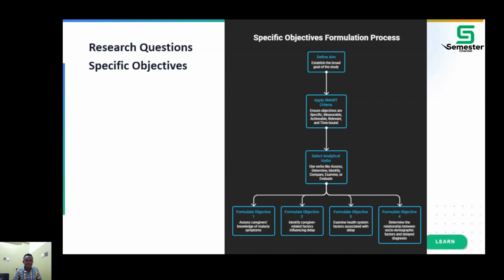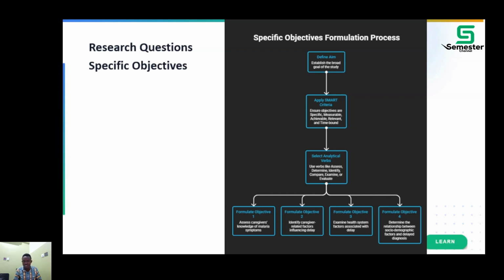So, for instance, if you were supposed to go with research questions, for the first objective you would have: what are the factors that affect caregivers' knowledge on malaria symptoms? That would be your question. And then your specific objective will be to assess caregivers' knowledge on malaria symptoms. So your specific objectives in a way are answering your research questions.